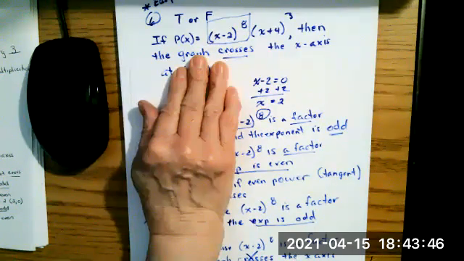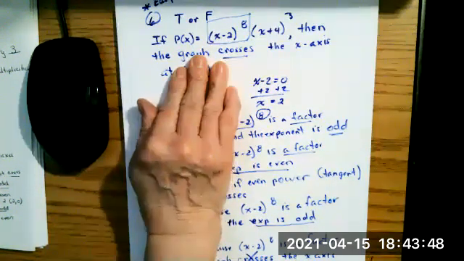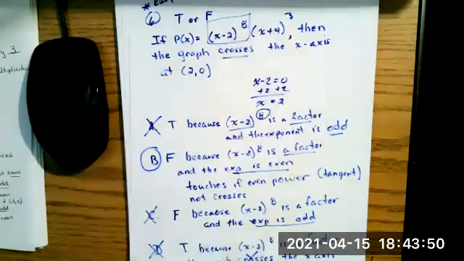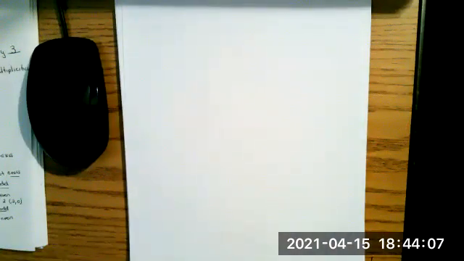Yes, because that's an odd power. Odd powers, they cross. Even powers, they bounce off. And if all else fails, what can you do? Graph it. See if it's going through it, intersecting it, or if it's just touching it and bouncing off it.